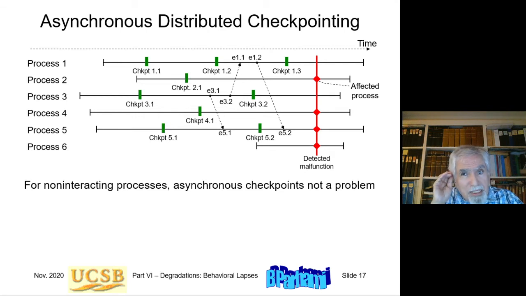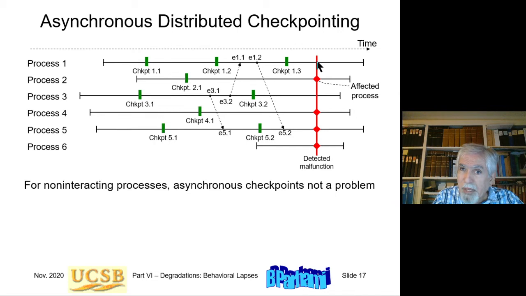Here is the first instance of a problem. There is an interaction between process 1, let's say sending a message, and process 5, receiving the message. Now, if I roll back process 5, because it was affected by this malfunction, to here, then the next time I execute this part, this interaction will not happen because that process was not rolled back.